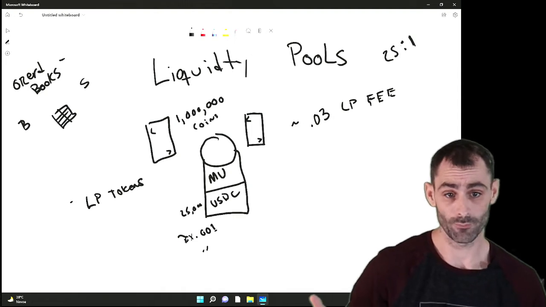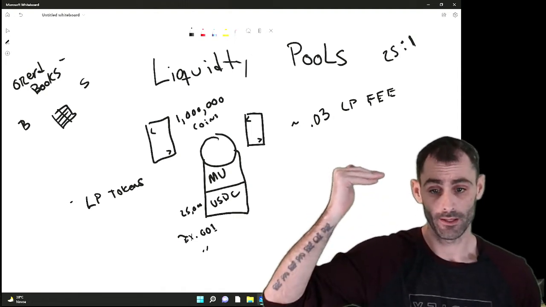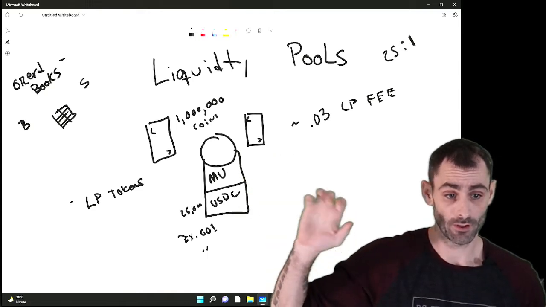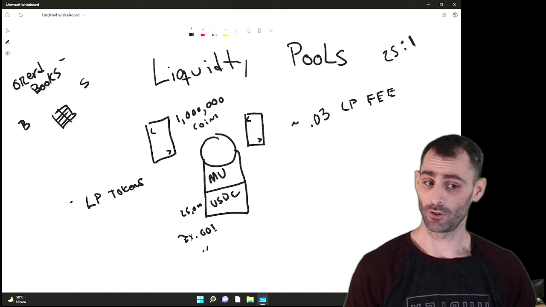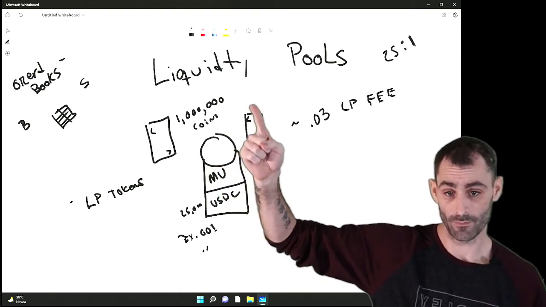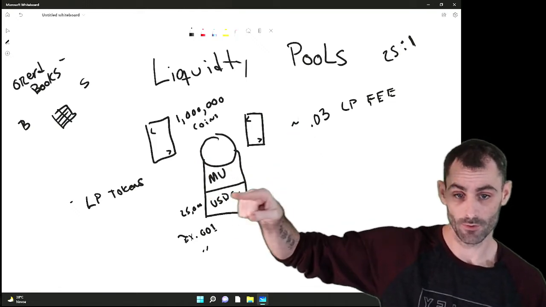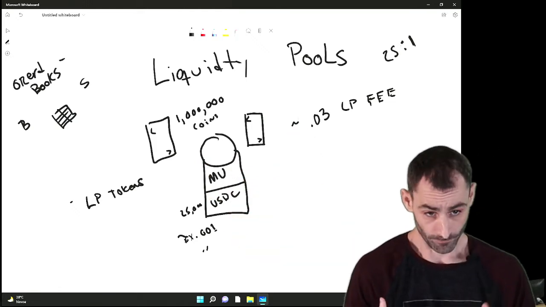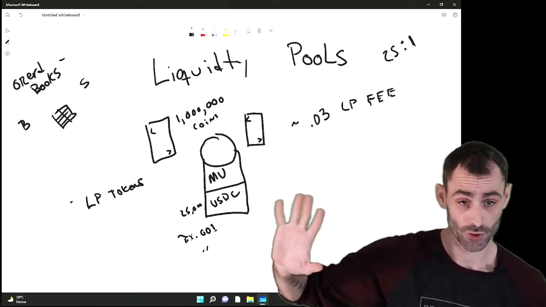There are liquidity pools that have $100 million in them, but they do $200, $300 million worth of trade volume every single day, because it will just be $1 million trade, $1 million trade, $1 million trade. The fee is based on the trading volume.